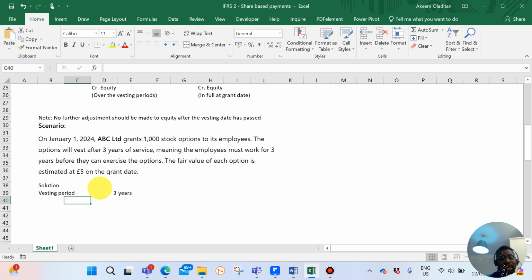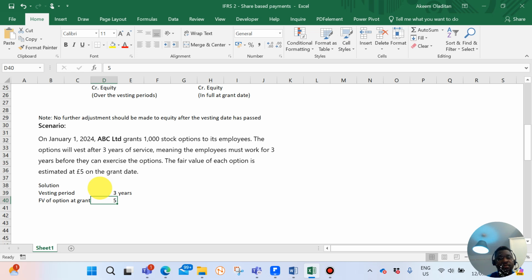So at the grant date, what is the fair value? Fair value of option at grant date. If there's any fair value at any other date, we will not use it. We have to use fair value of option at grant date, which is £5.